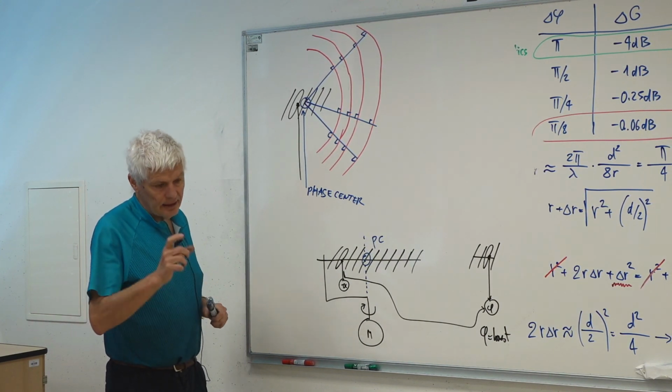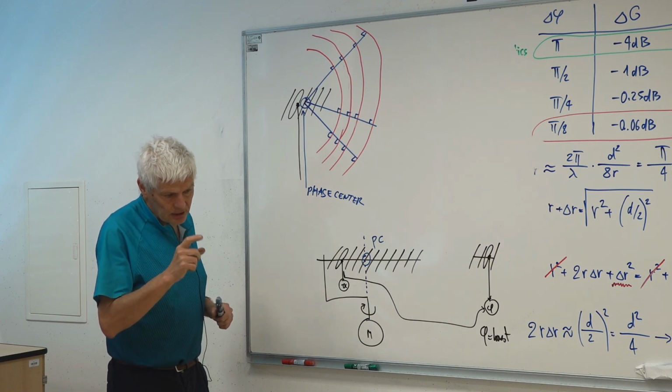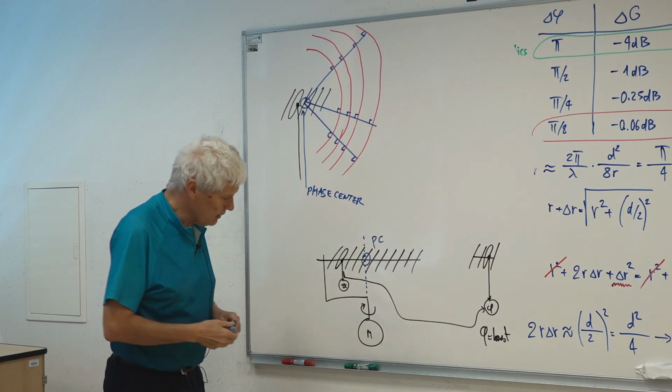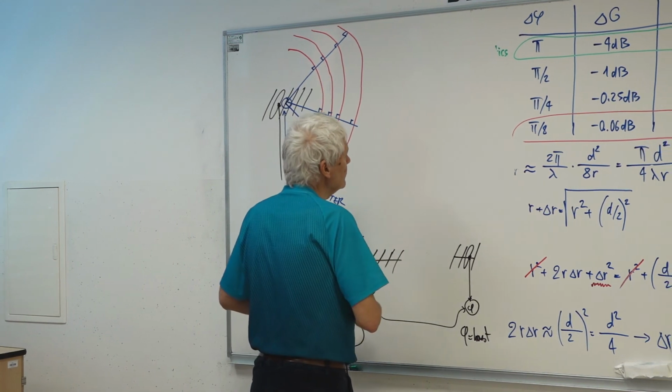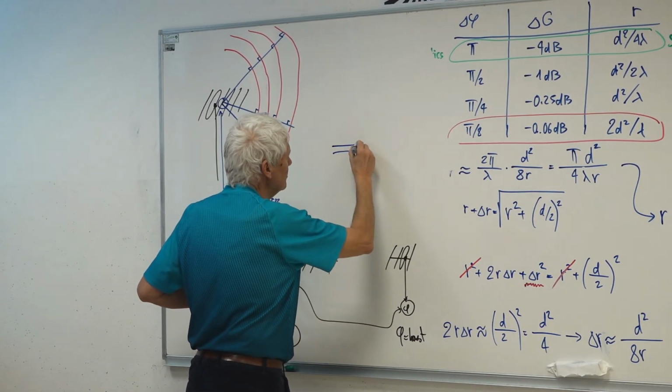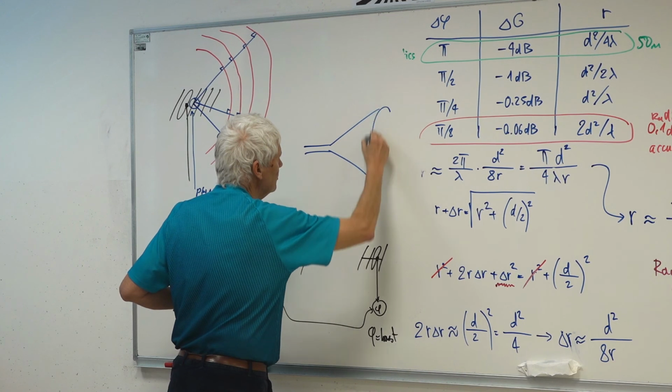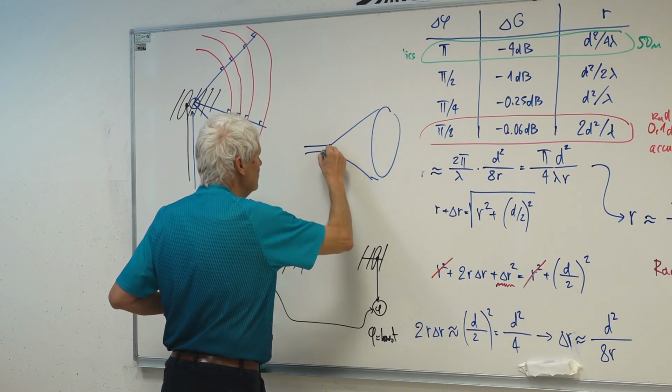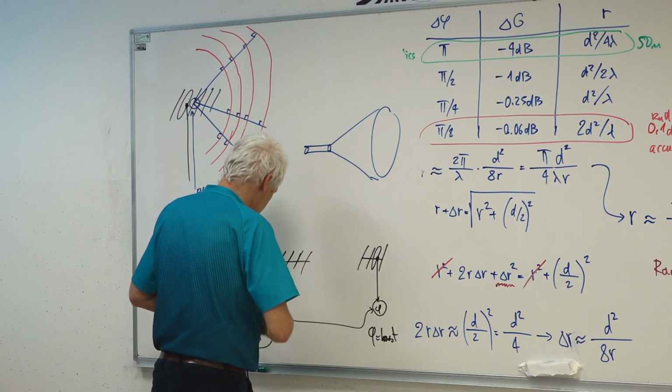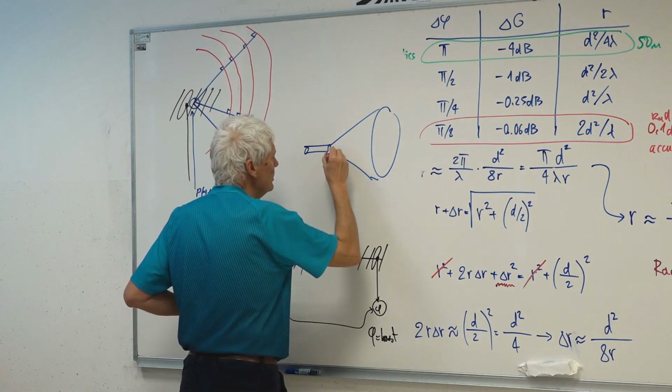Usually, horn antennas have their phase center close to the throat of the horn. So if you have a horn antenna like this, usually the phase center will be somewhere here, close to the throat.